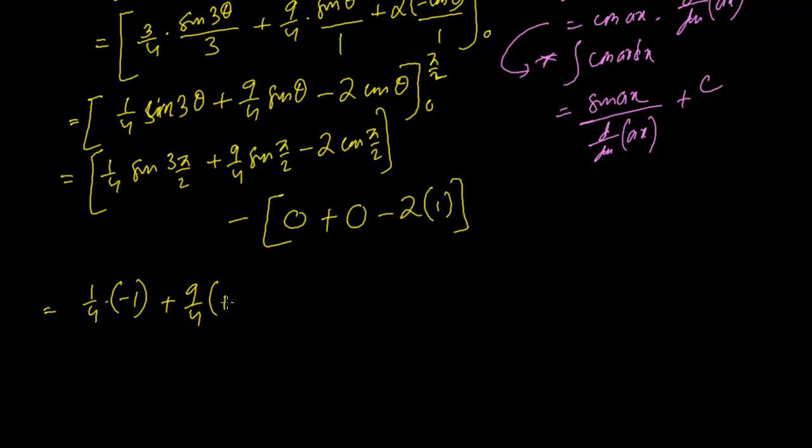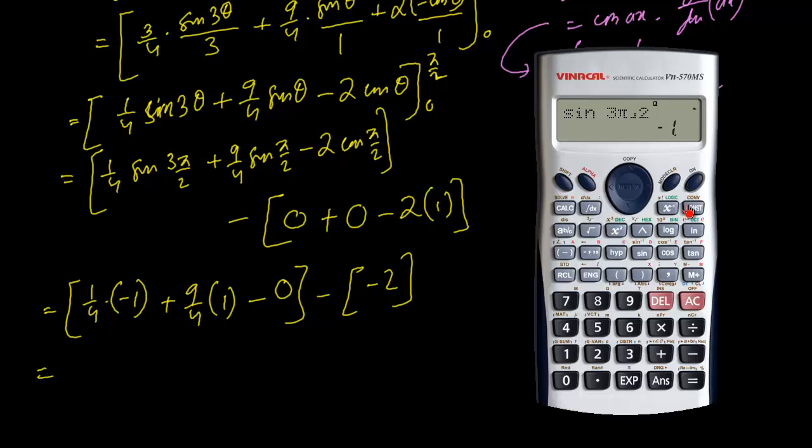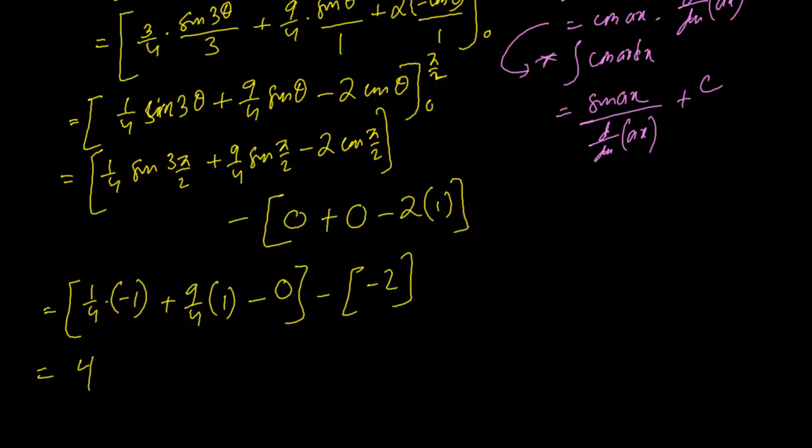Sine 90 degrees is 1, minus cos 90 degrees is 0. And this is minus 2. So what we have here is 9 by 4 minus 1 by 4. And we get 2, and this is going to be minus minus plus, and this turns out to be 4.